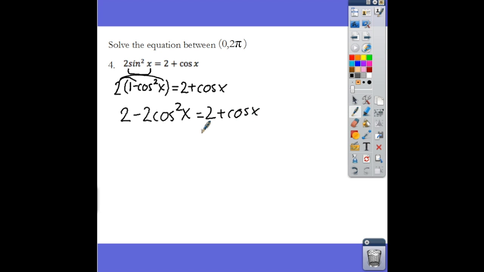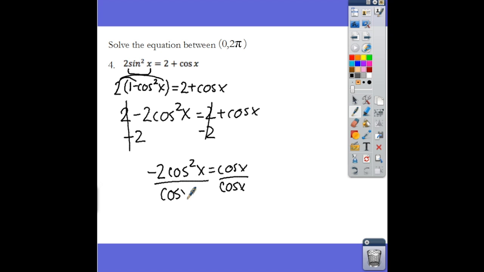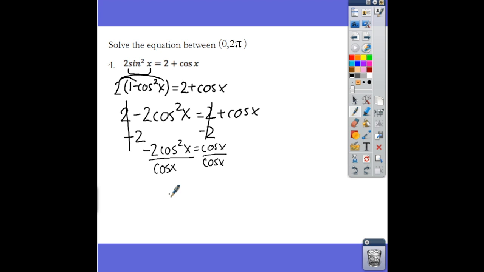So then you'll subtract 2 from both sides, leaving you with negative 2 cosine squared of x equals cosine of x, and divide by cosine. So then you have negative 2 cosine equals 1, and then you divide by negative 2, and you're left with cosine of x equals negative 1/2.